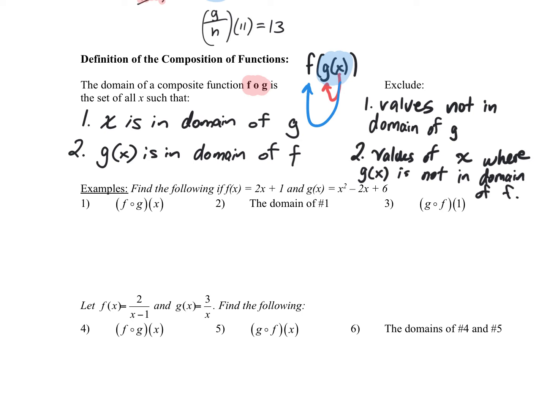So when we talk about the domain of composite functions, the innermost function must be defined, and the output from that innermost function must create a defined value in the outermost function. Let's look at some examples and see what we can do.